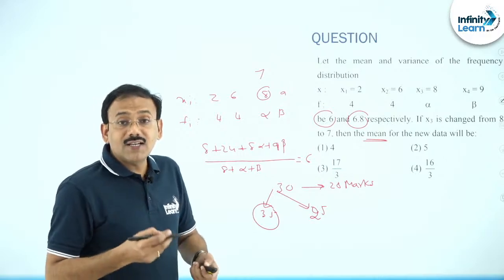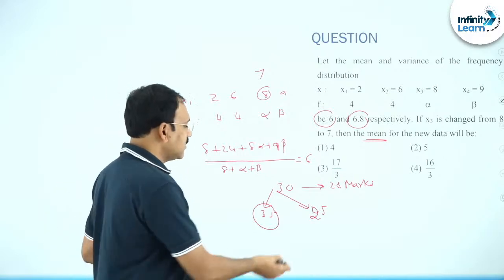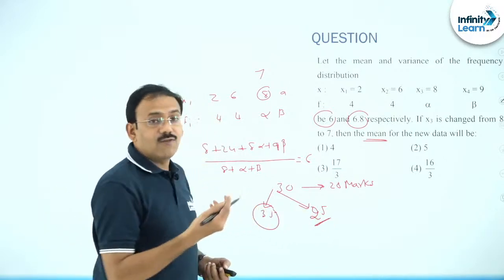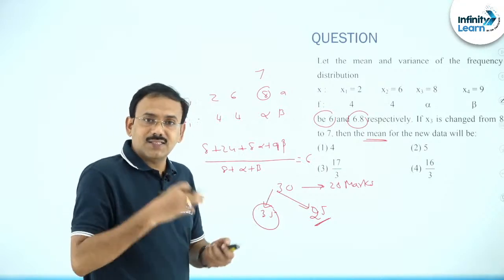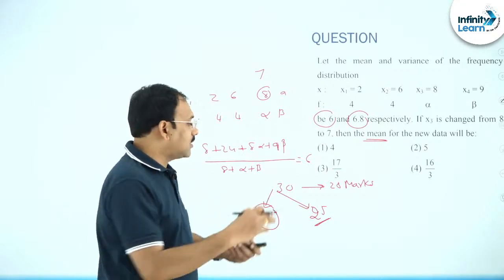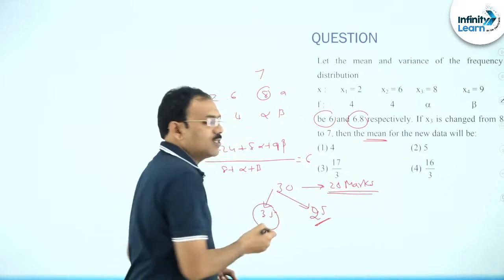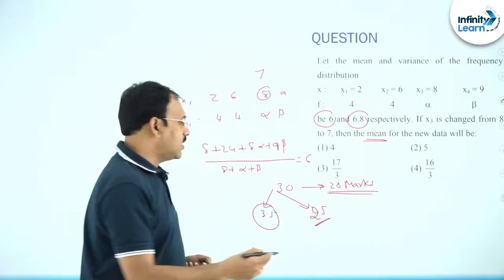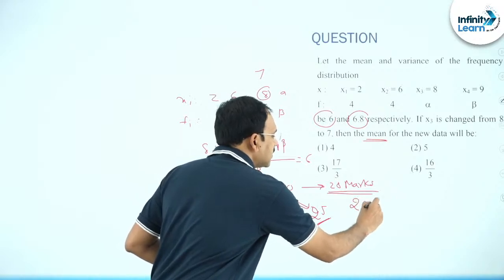Then what is the new average? It was entered as 25, so we have to add 10 extra. The 10 extra marks are to be equally distributed to the students. So, 10 by 20 is half a mark, the new average is 20.5.